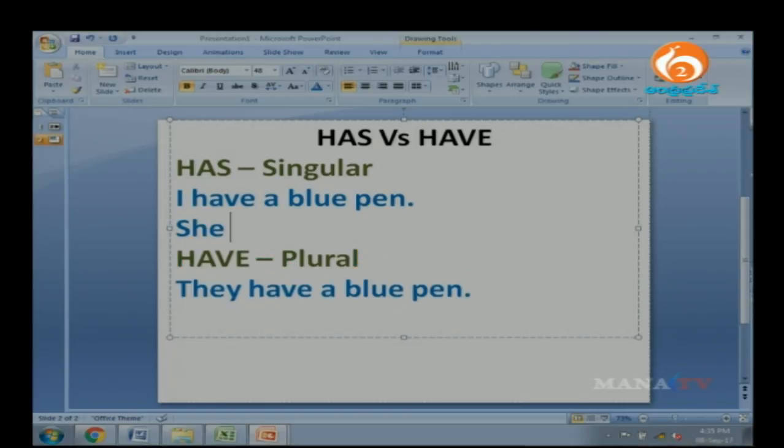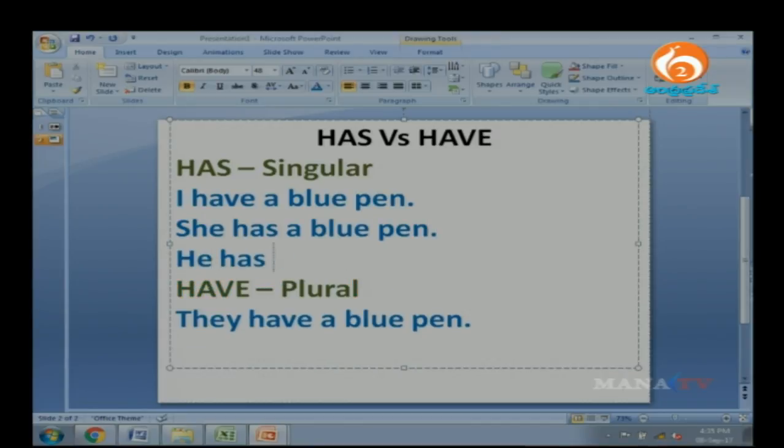But if you use third person singular, she has a blue pen. He has a blue pen. So, this is an exception because for the first person, you are supposed to use have. And you will use have when it's a plural.